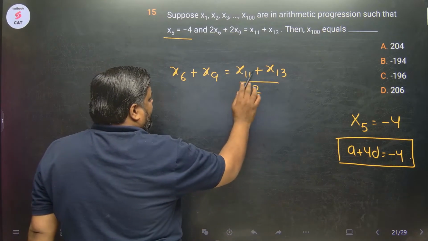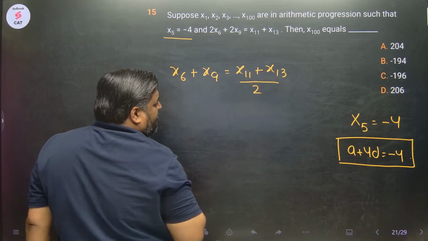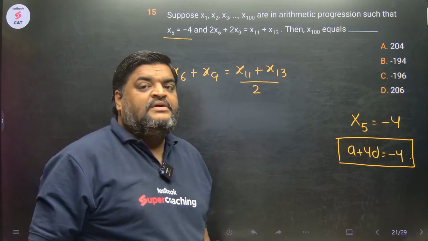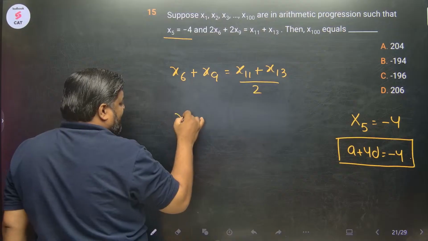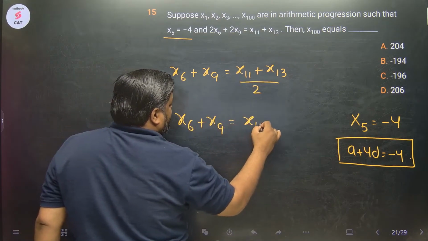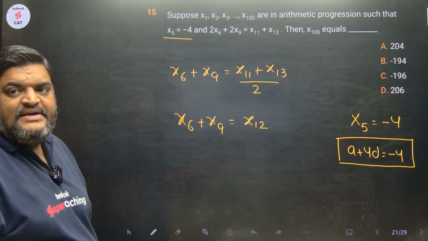So x11 plus x13 by 2, average of these two terms is the middlemost term. AP का average क्या होता है? The middlemost term. So I can write x6 plus x9 equals x12. Yes or no? Yes sir.